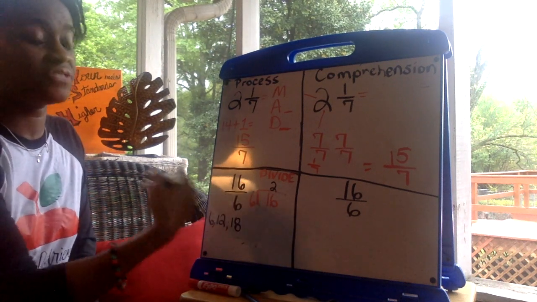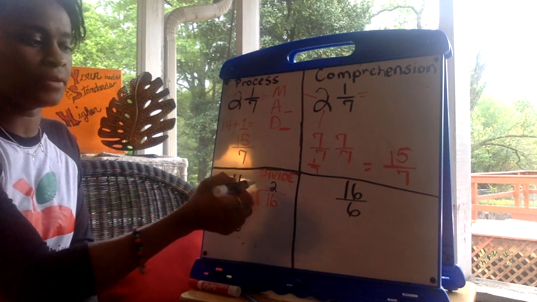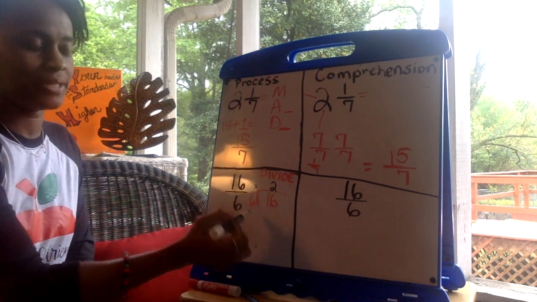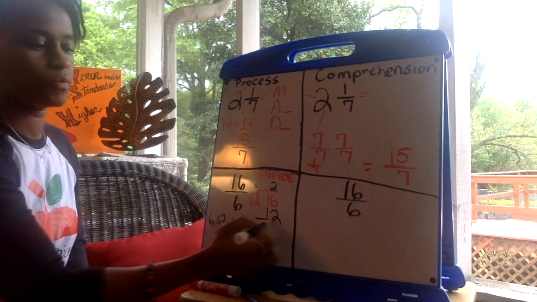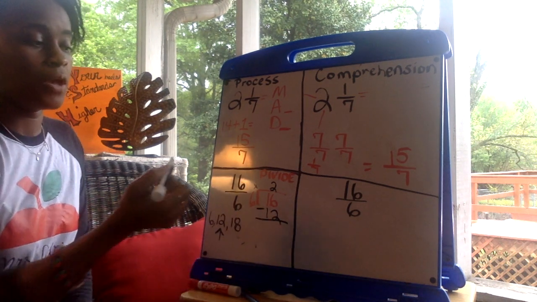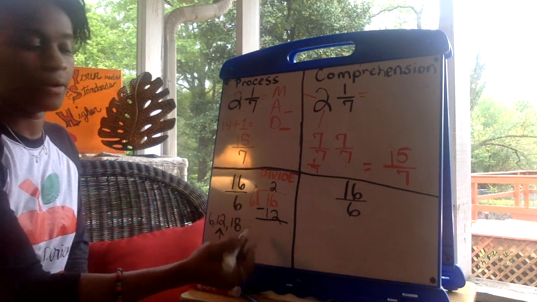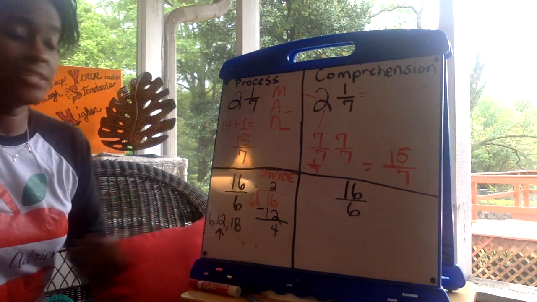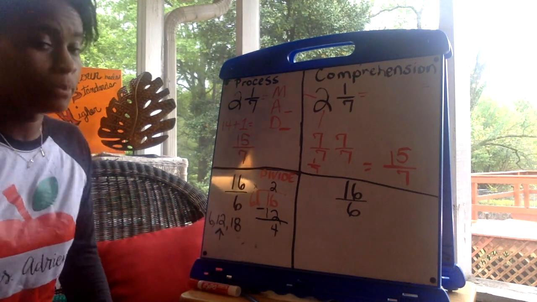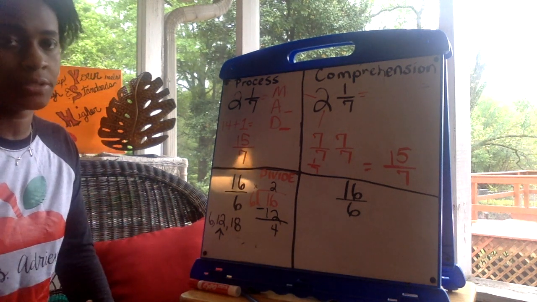Let's continue. Now we just follow the process of division. After we divide, we now multiply. 2 times 6 is 12. After we have multiplied, we subtract. 16 take away 12 is 4. Here in this sense, we're actually finished with the problem, but we have to convert this into a mixed number.